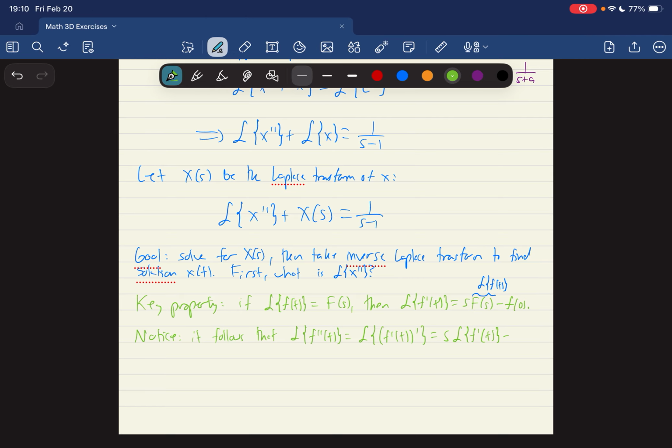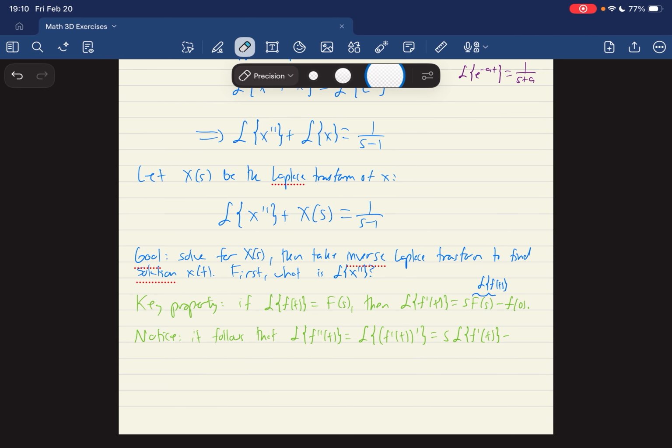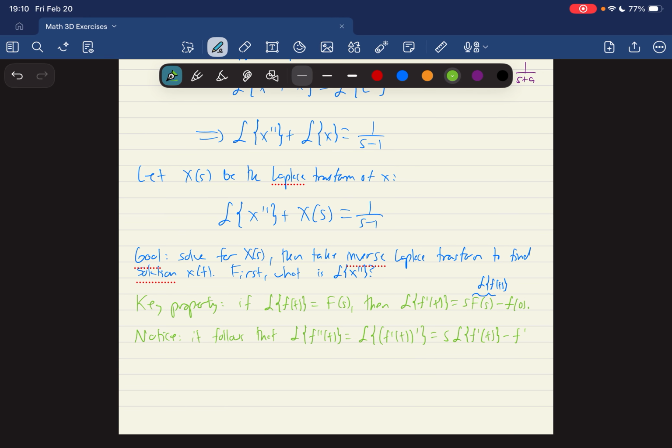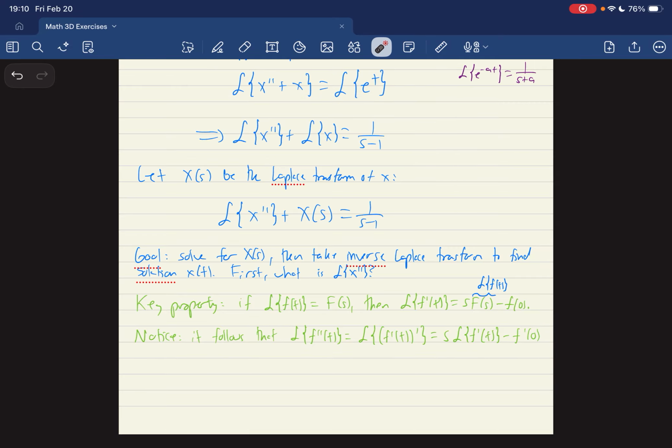Now we would have to calculate f prime of 0. Oh no, actually that's fine. Sorry, ignore what I just said. There's no issue here. We have this formula, and we know what the Laplace transform of f prime of t is because we found it using the previous formula.